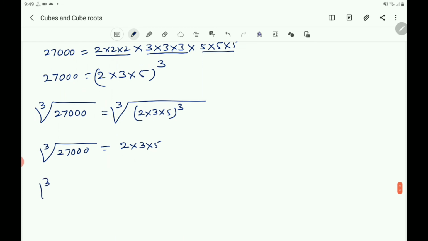So here cube root of 27,000 equals 2 into 3 into 5, 2 3s are 6, 6 5s are 30. And one thing you know that the cube root of 27 is 3, and this number is having 3 zeros. Its root must have 1 zero. And you can directly write the answer here. But here we have to find the cube root by using prime factorization. So you can factorize it.